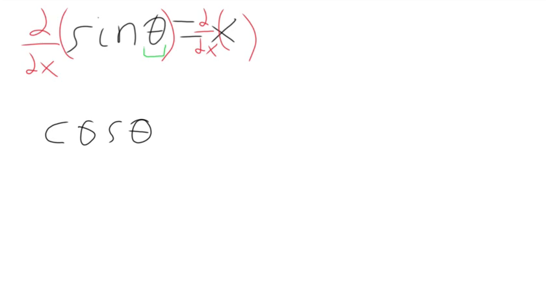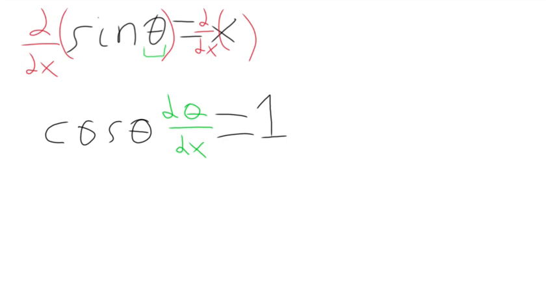So taking d dx of theta, that means we have to multiply this by d theta dx, which is what we're looking for. And the derivative of x with respect to x is just 1. So this is equal to 1.